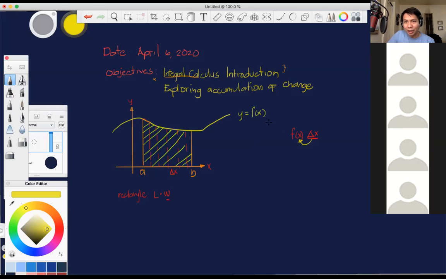So this is the symbol when we try to add them all together. Can you guys guess what the symbol is? Is that a sigma? Yes, it's a sigma. It's a Greek letter, which is where our E came from.